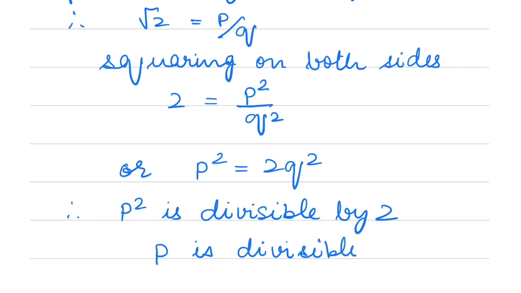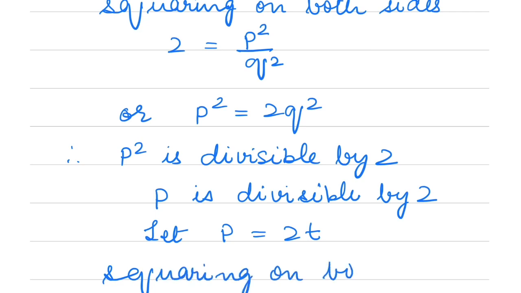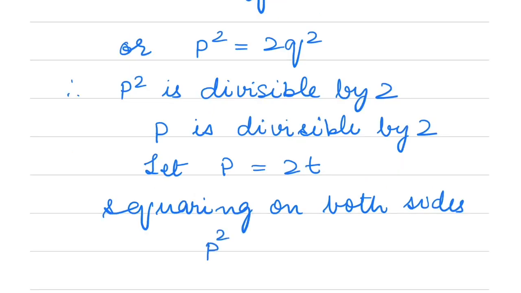Let p is equal to 2t. I'm taking 2t because I know p is divisible by 2. Now again squaring on both sides, we get p square is equal to 4t square.